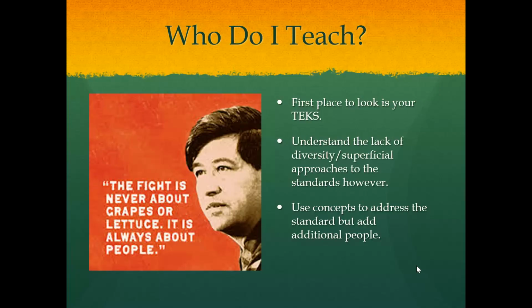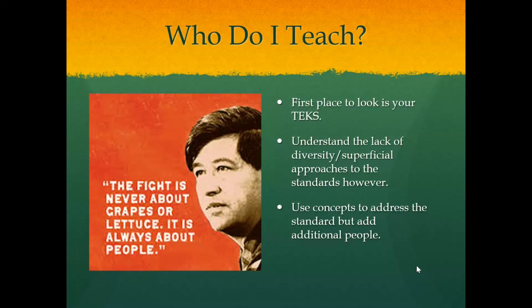Anyway, so who do you teach? First, you need to know your TEKS and who are named in your TEKS. And then, of course, if you wish, add additional people as you wish. Make sure to understand that there's a lack of diversity and superficial approaches. So we've talked about in our SLOT analysis where there are some discrepancies in maybe there's a bigger focus on white males than on important slaves or other people who might have also contributed to a particular cause or event.